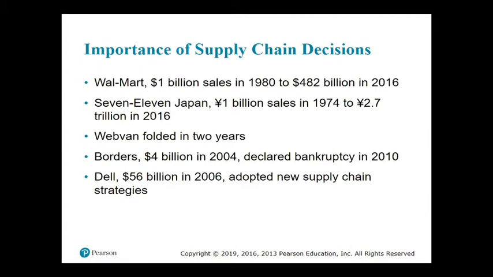Walmart has designed its supply chain specifically with clusters of stores around distribution centers in order to facilitate frequent deliveries to its retail stores in a cost-efficient manner. And from 1980 to 2016, the sales jumped from 1 billion to 482 billion.